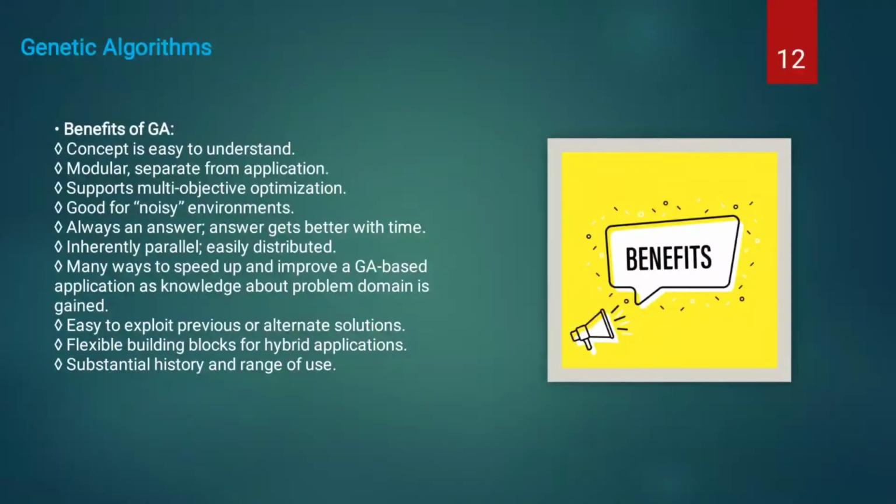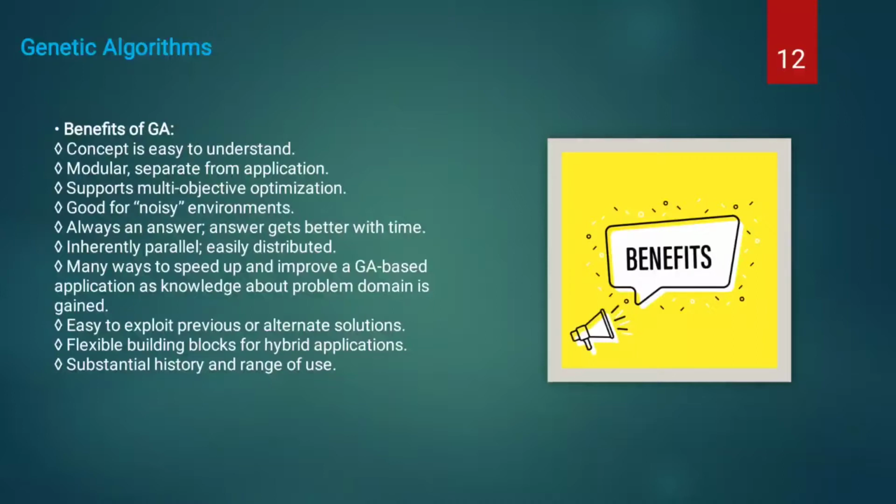In this slide we'll talk about the benefits of GA. Of course, the concept is easy to understand. It is modular and separate from the application, supports multi-objective optimization, and is good for noisy environments. It always gives an answer, and the answer gets better with time. It is inherently parallel and easily distributed.